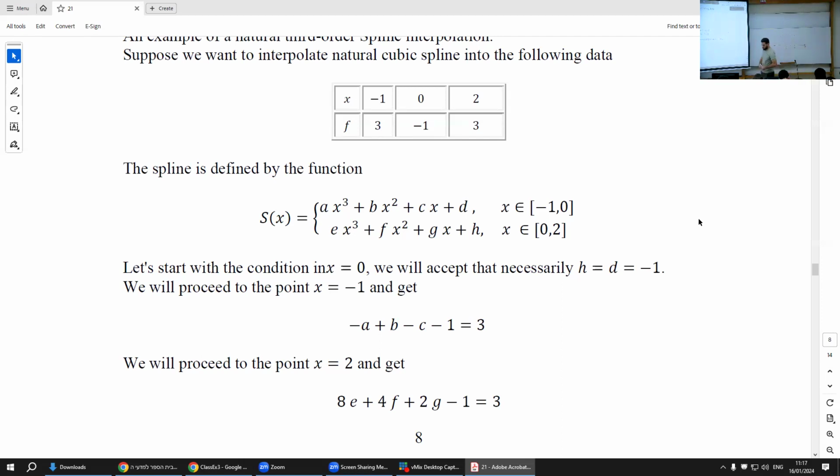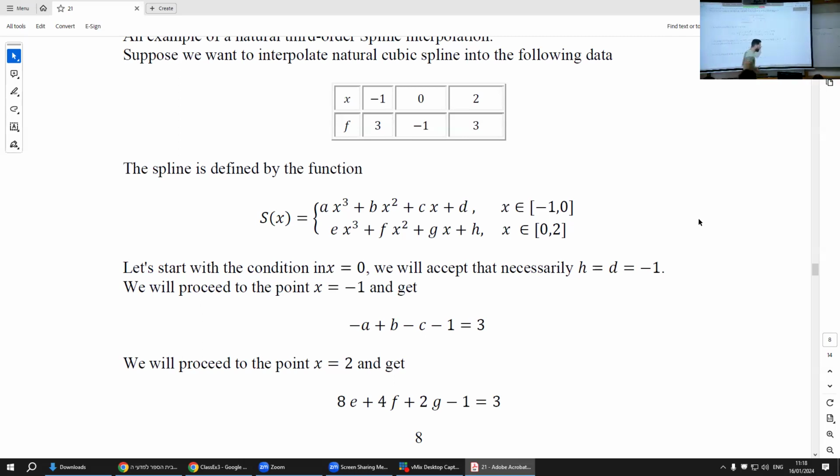So we want to connect these 3 points by S1 and S2 somehow. And S1 is A x cubed plus B x squared plus C x plus D, and S2 is E x cubed plus F x squared plus G x plus H.